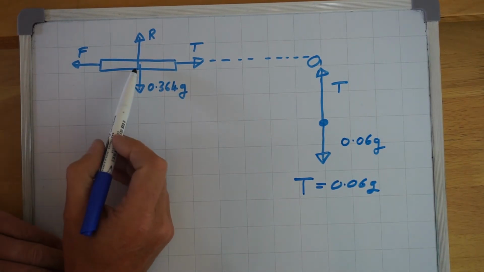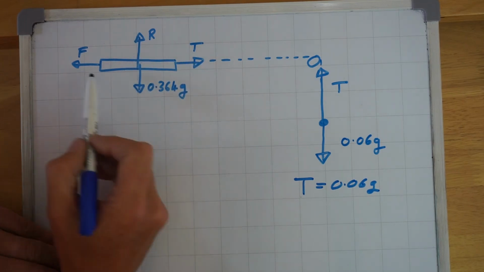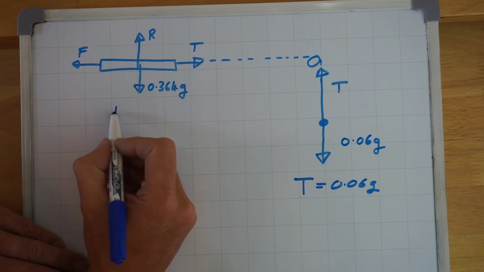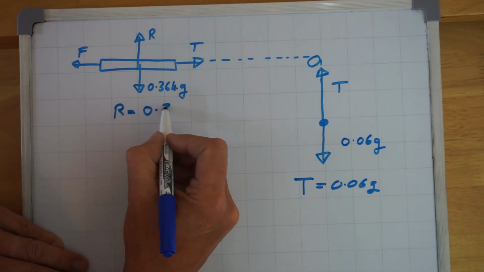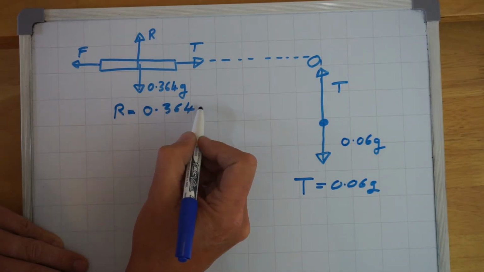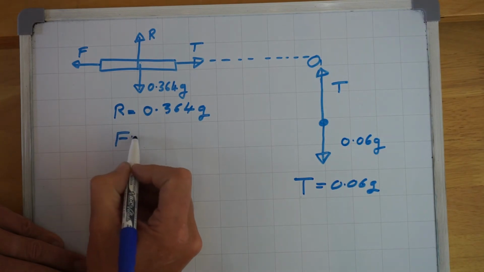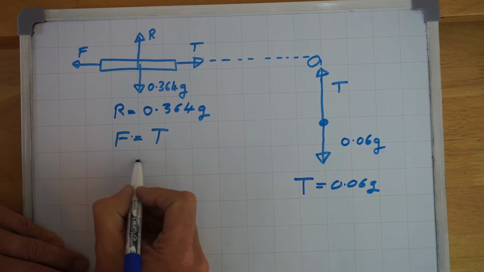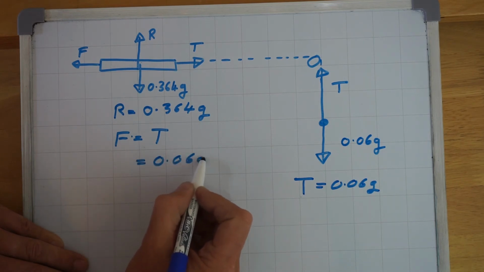Now considering the block, we have the weight, normal reaction, the tension from the string and the friction force. Considering the vertical forces, R will be equal to 0.364 g and F will be equal to T, but we know that T is equal to 0.06 g.